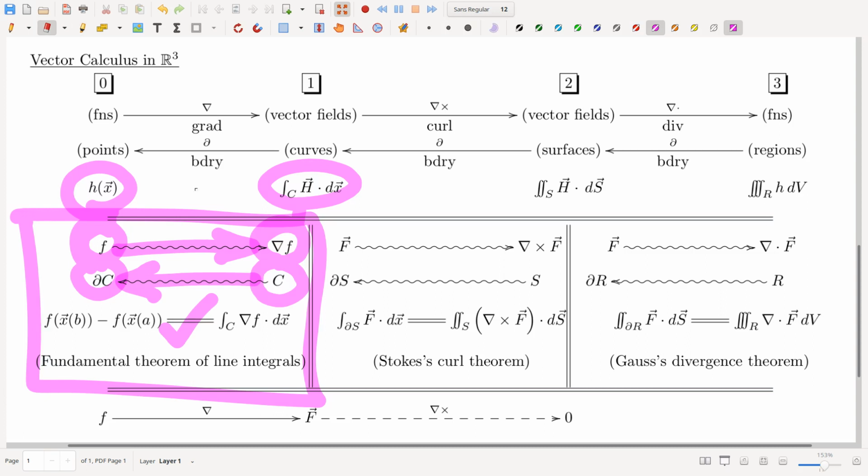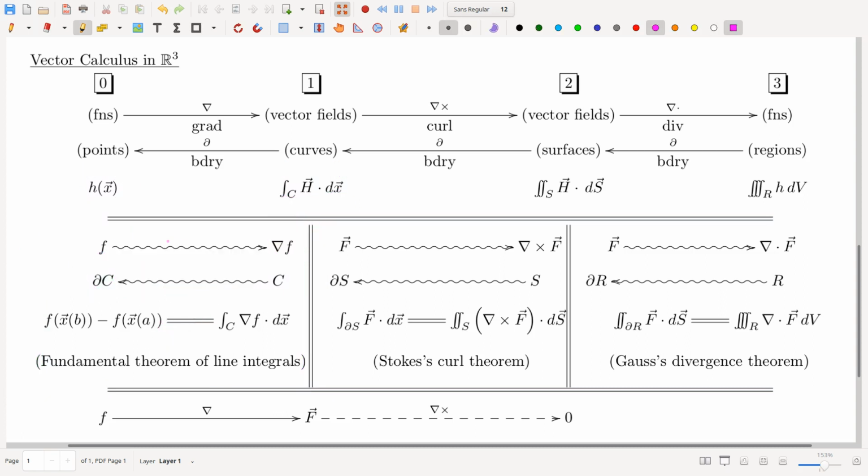And of course, I like to abbreviate this. The shortened version is something I like to just draw like that. It's a little bit easier to write down.